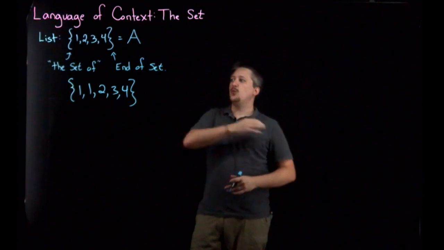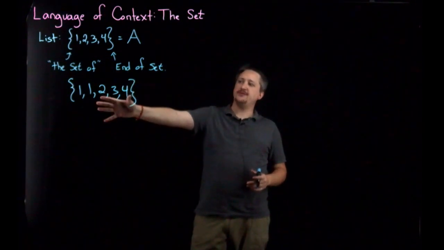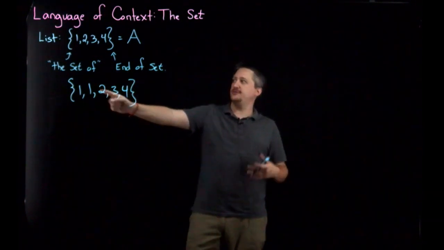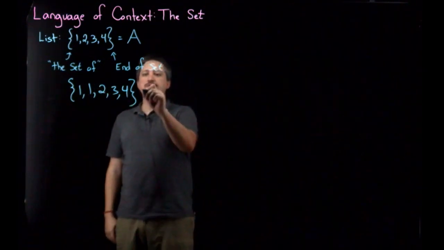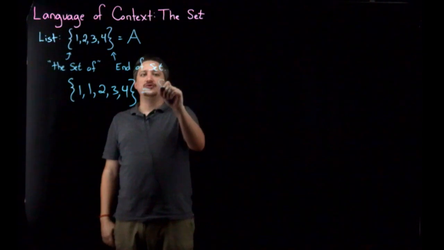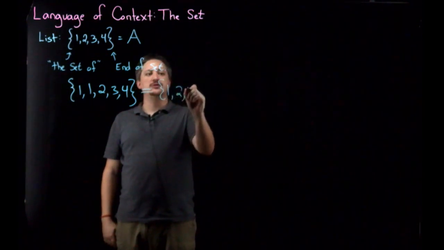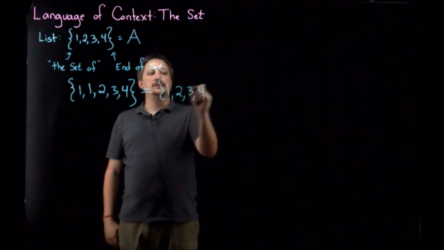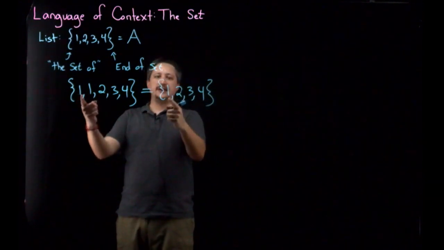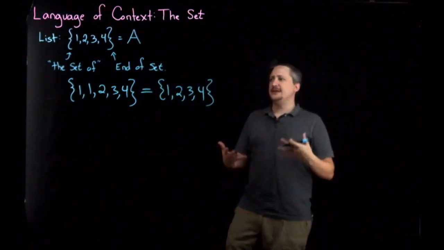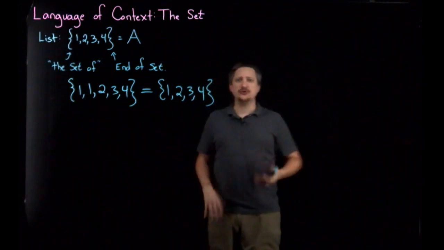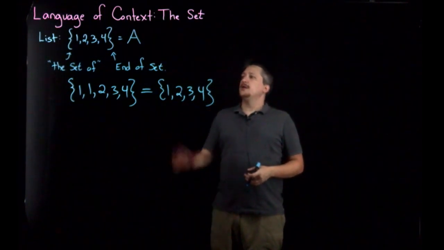If we have the set of 1, 1, 2, 3, and 4, this is equivalent to the set 1, 2, 3, and 4, meaning that we are reducing by getting rid of the duplicates. So we should only write each entry once. It should be a unique entry.